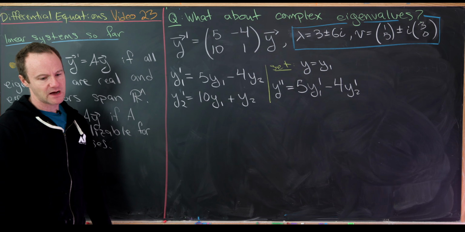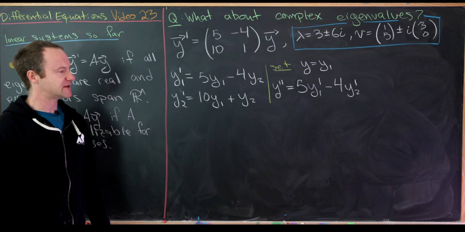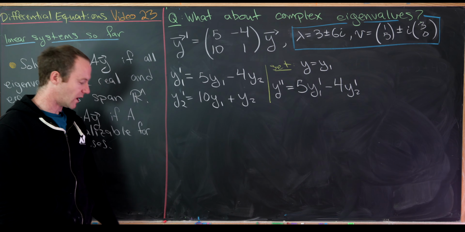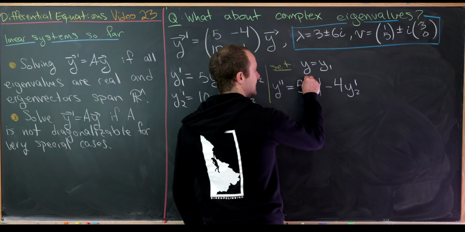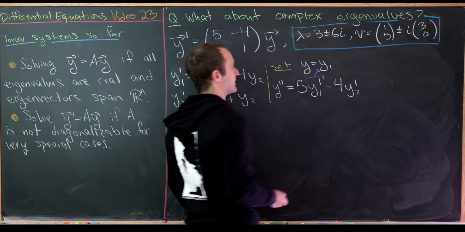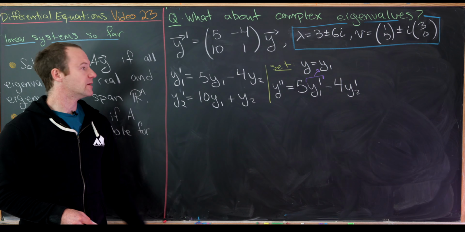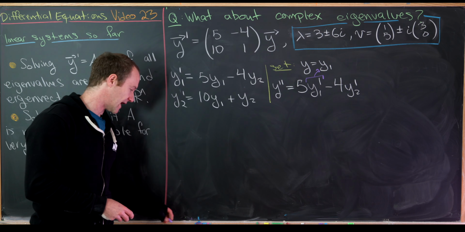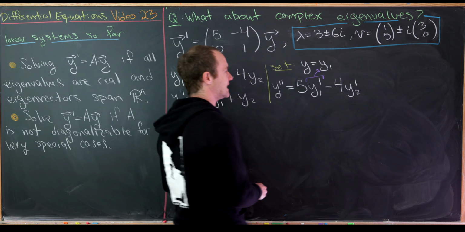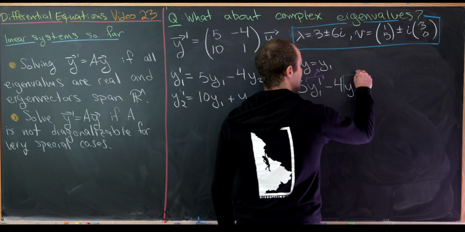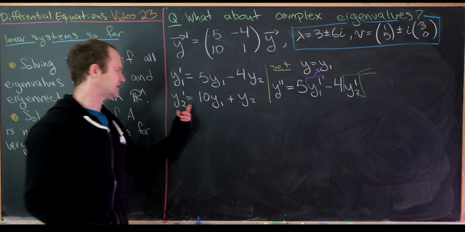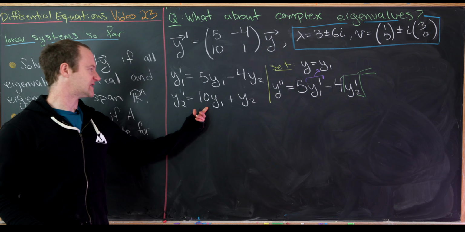Okay, but we'd like to rewrite this so that it only has to do with y. Notice that this one right here is immediately just y prime, so that's lucky. But that means we need to take care of the y2 prime. And we can in fact do that using the fact that y2 prime is exactly involved in this second equation.